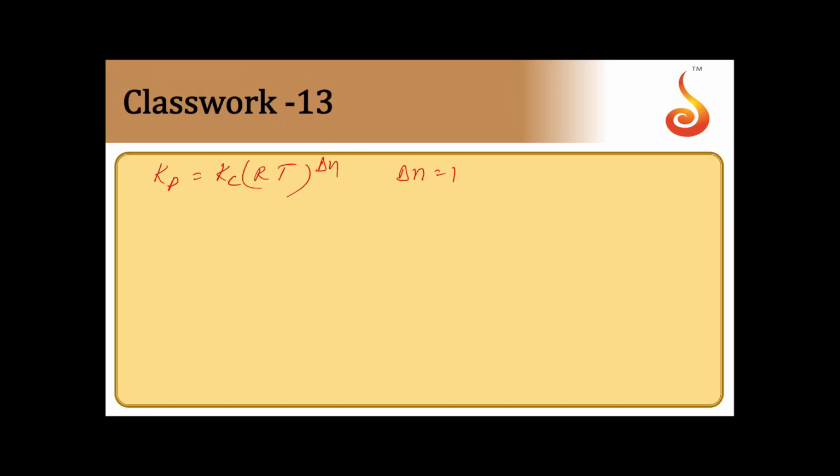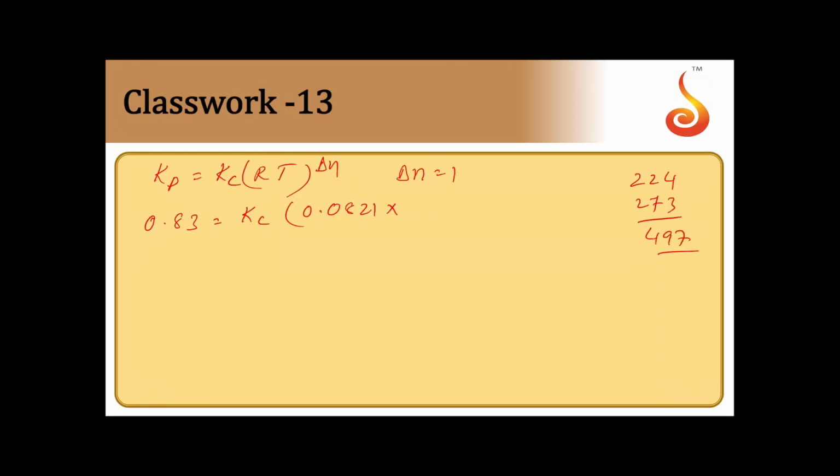Now substitution. Kp is found to be 0.83. So 0.83 is equal to Kc into RT, that is 0.0821 into T. T is given as 224 Celsius. So adding 273 for that, we get 497.